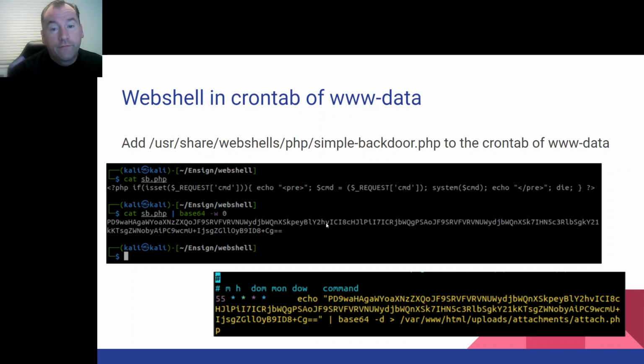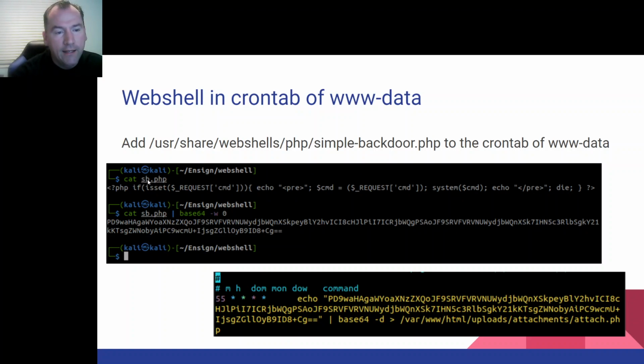So first off, to find a simple web shell, to not be complex, there's a web shell under user share web shells php simple backdoor.php. So we want to take that web shell and modify it. You can notice that I have modified that simple backdoor.php because originally it's about 12 lines, maybe more, maybe less, to one line.